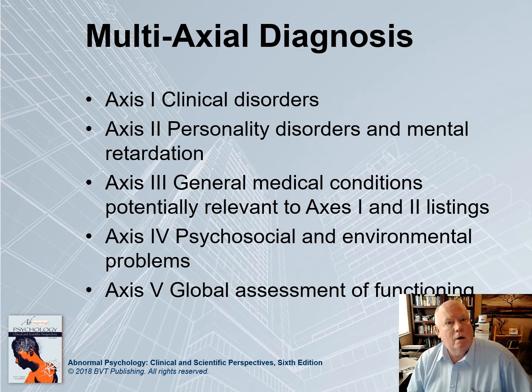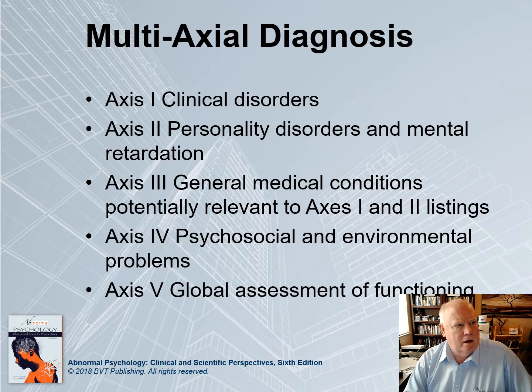Axis 4 measured the stress levels and the processes that are creating stress for the individual, and axis 5 was a single score that indicated the level of functioning. So with information on all 5 axes, you had a much better picture of what the individual was like.